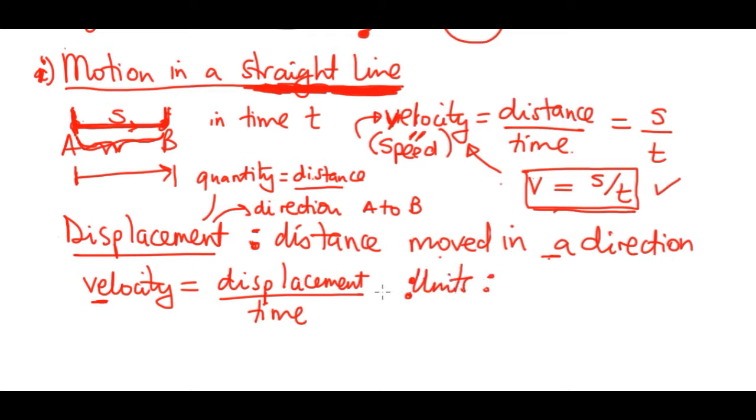What are the units for displacement? Units for displacement are just going to be meters, coming from the distance quantity. The direction quantity does not exactly have particular units. You can say maybe 10 meters in the western direction or 10 meters in the eastern direction. It's fine.